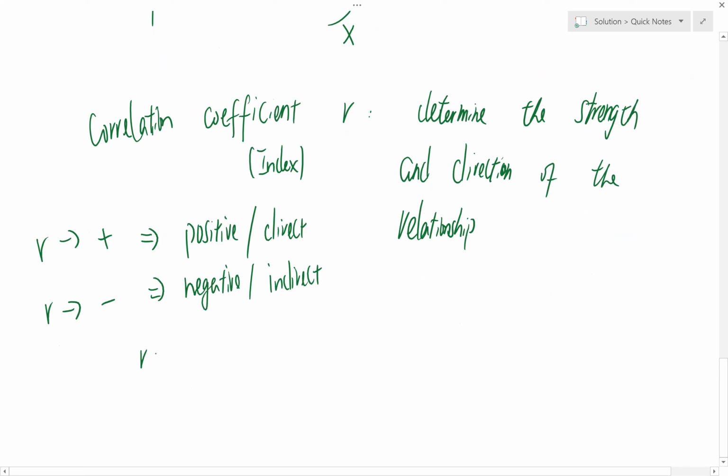If the absolute value of R is greater than 0 and less than 0.25, then we call this weak correlation.